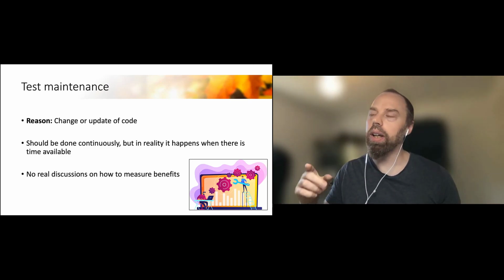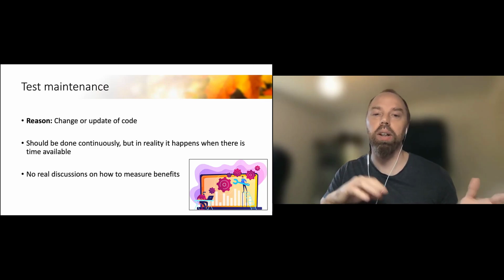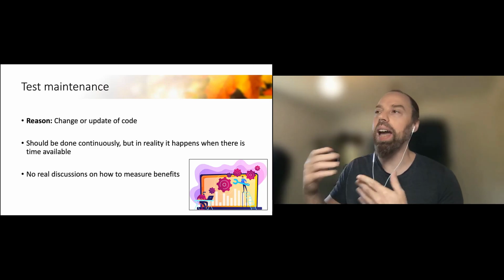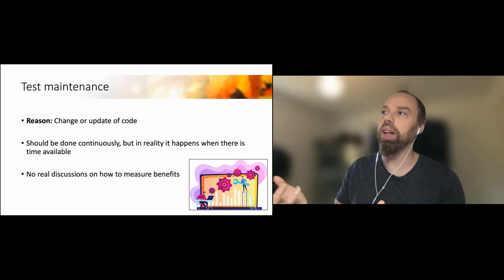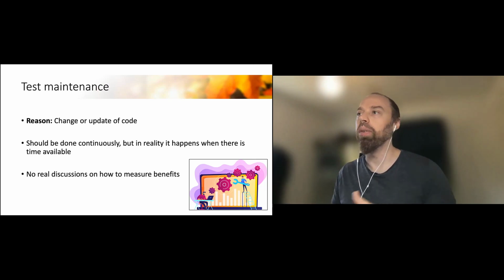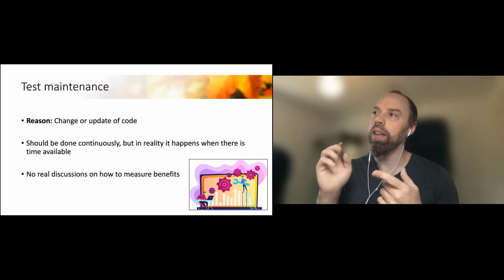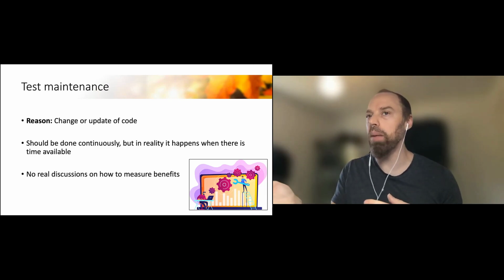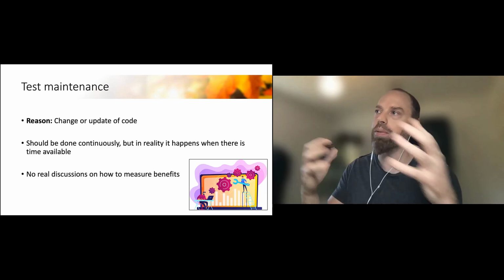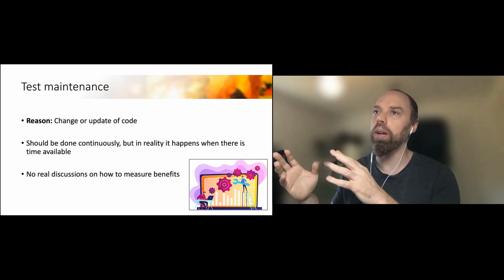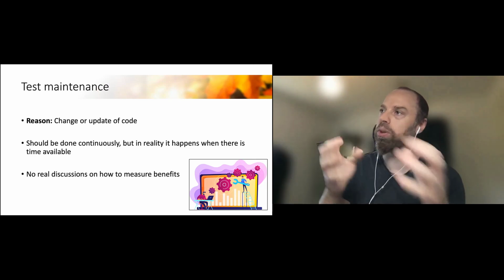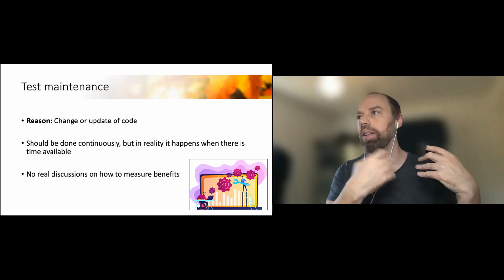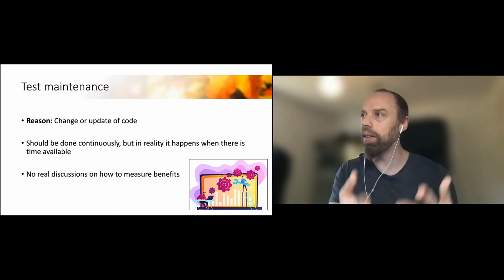We also learned that practitioners think that this should be done continuously, but in reality, it often happens when there's time available. Remember what I said on the previous slide, that creating new tests is priority number 1, especially in companies that have adopted this shift left paradigm where unit test creation is pushed upon developers. There is still this priority of creating test cases.